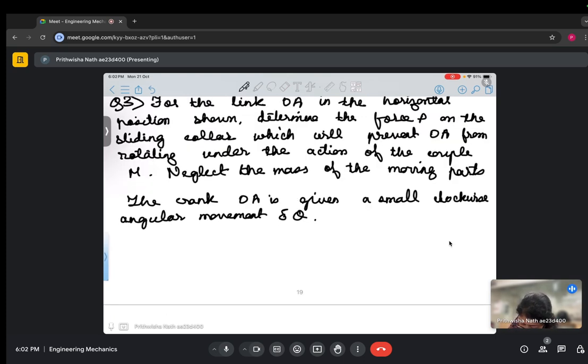Now, after giving a small clockwise movement, this is how the crank looks in the displaced position. So I'll draw this.